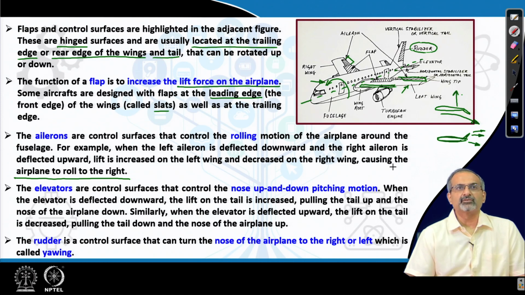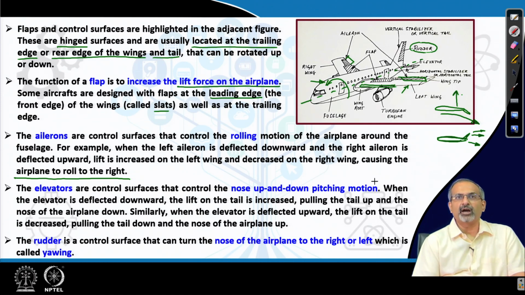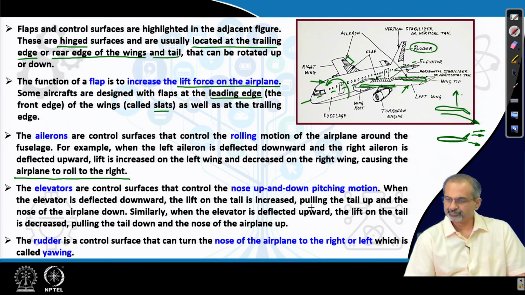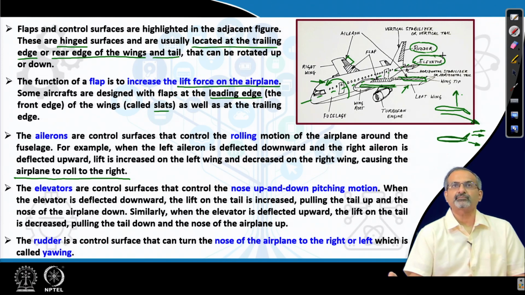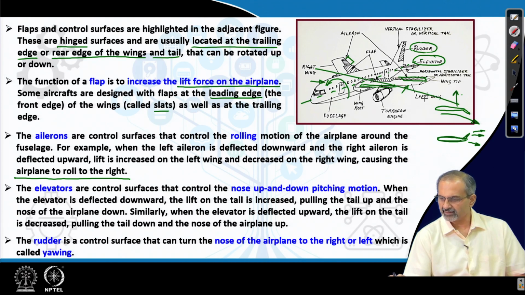The elevators are control surfaces that control the nose up and down pitching moment, that is these surfaces. Nose up and down would be like if you had an axis like this, you are pitching the nose up or you are pitching it down.